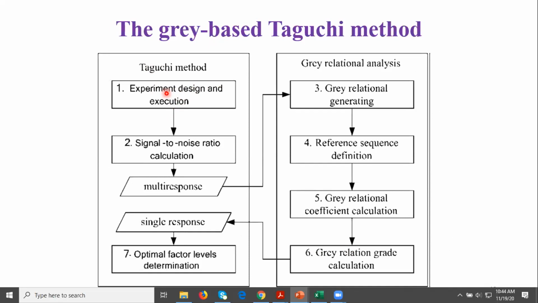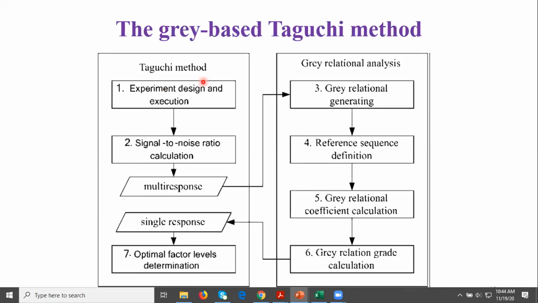Suppose 3 parameters and 3 levels are there. You can get 27 experiments, or maybe 9 experiments. The 27 experiments are the full factorial, and 9 experiments means fractional factorial. That is given by the theory based on Taguchi.